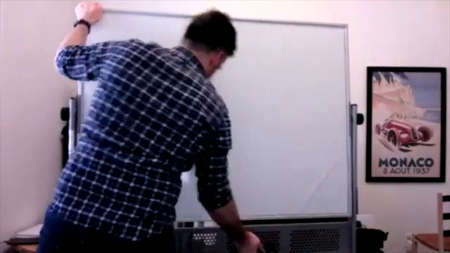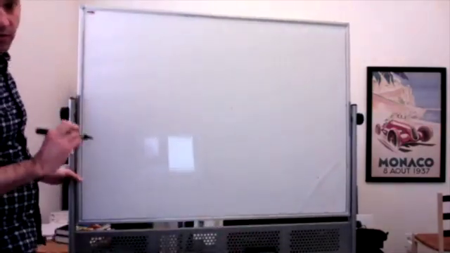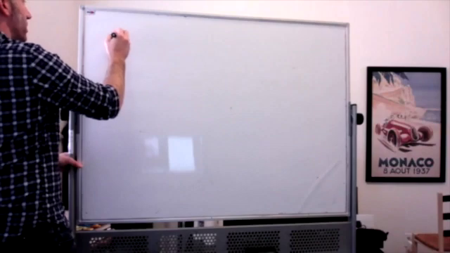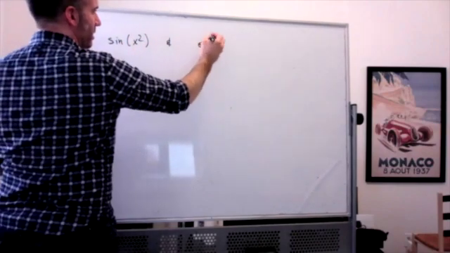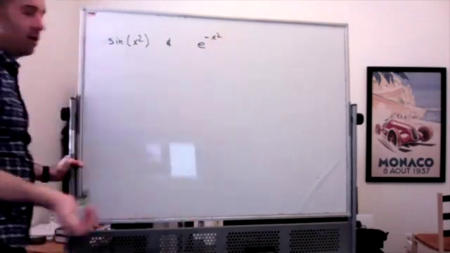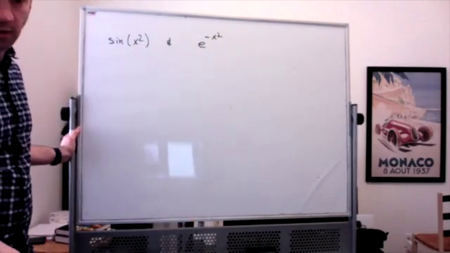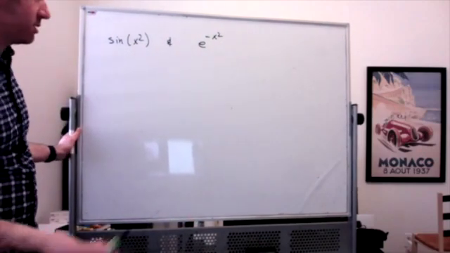But we're going to work our way back around to that, but I'll say this. Here are two well-known examples: sine of x squared and e to the negative x squared. Both of these are functions that can be expressed with a power series.